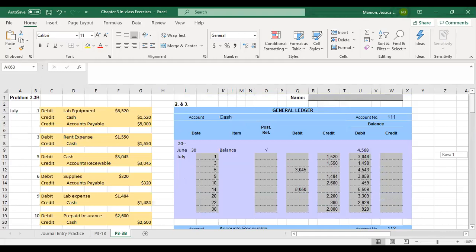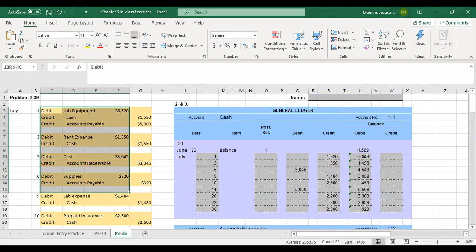At first, I want to pull up this Chapter 3 problem that I did in the last recorded lecture. In the last recorded lecture, and we were doing this in class together as well, we worked on Problem 3.3b. I went through and we did the journal entries.